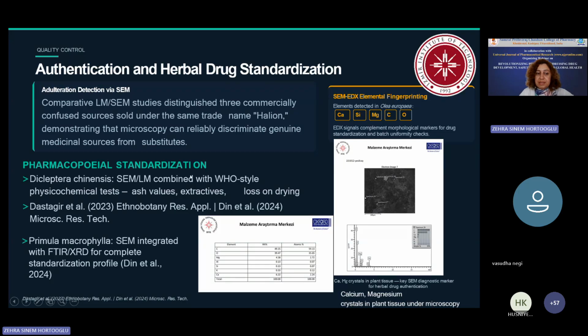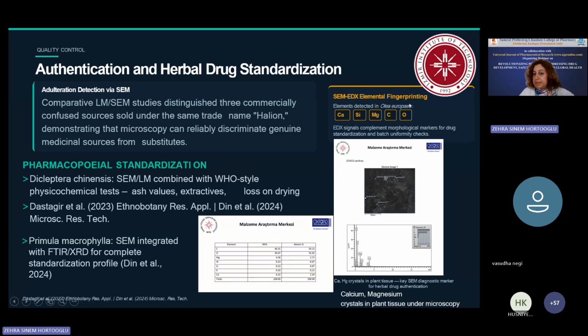Pharmacopoeia standardization is very important. For example, SEM integrated with FTIR and XRD completes the standardization profile. And we have EDX elemental fingerprinting.